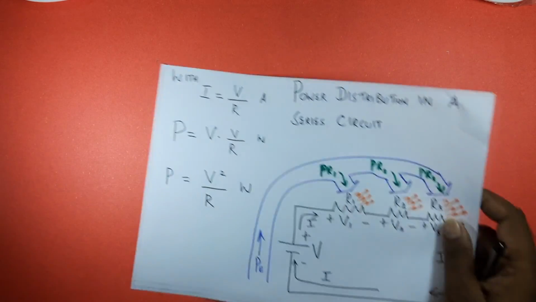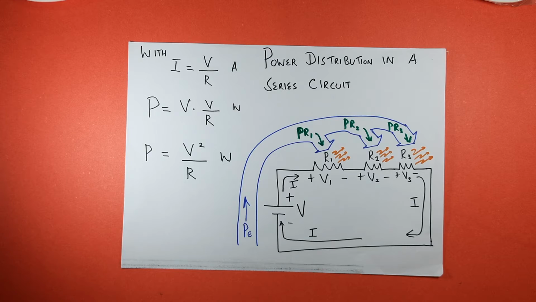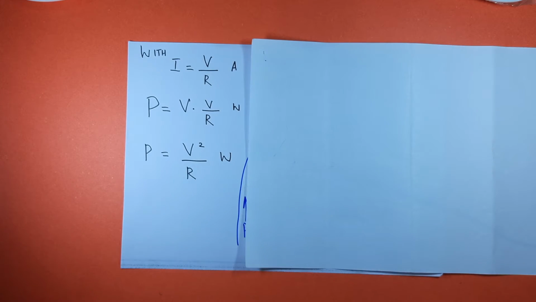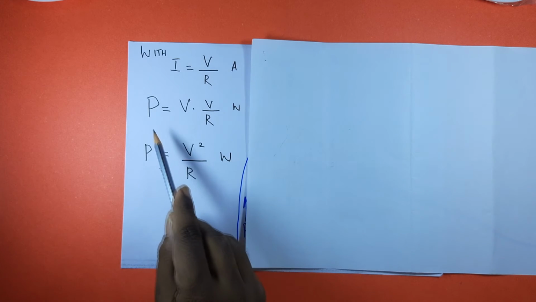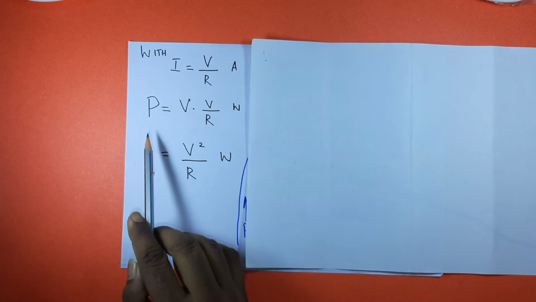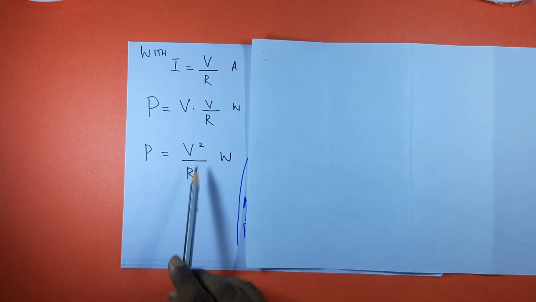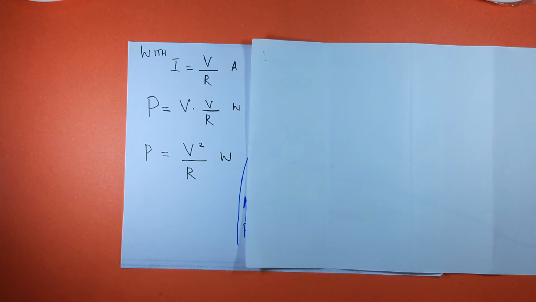Now we also know another form, I equal to V by R. Instead of I, you substitute this V by R. So you can write P equal to V into V by R, so power equals V square by R watts.